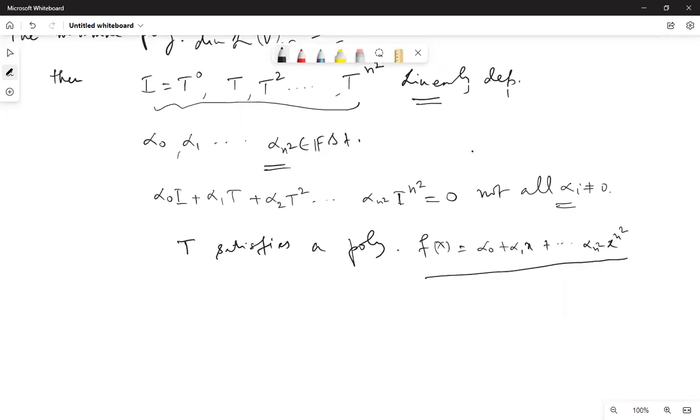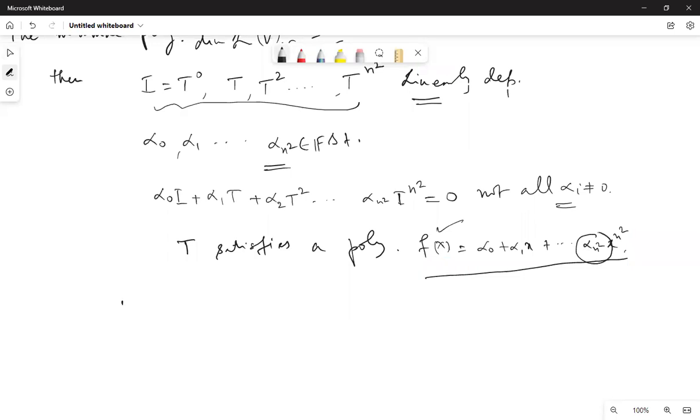If T satisfies this polynomial, then I may assume a polynomial satisfied by T having least degree and monic. Monic means the leading coefficient of this polynomial should be 1.